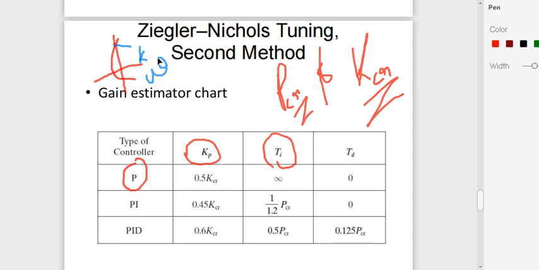The method for finding K and omega is: write the characteristic equation of the given system, substitute s equal to j omega, then equate the real and imaginary parts to 0 and find the values of K and omega. This value of K is called Kcr and that value of omega is called omega cr, K critical and omega critical.